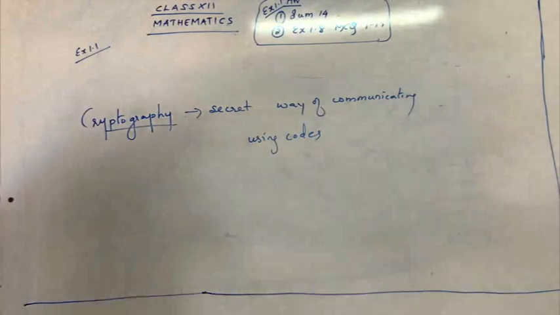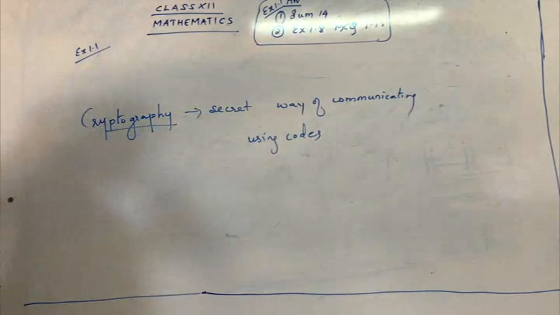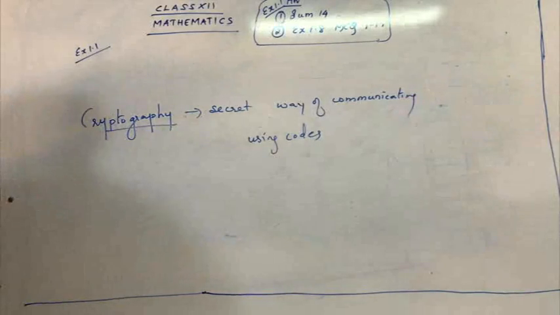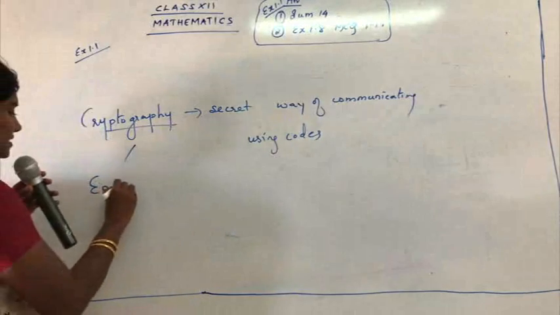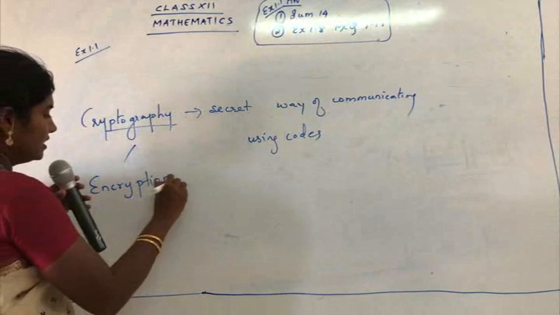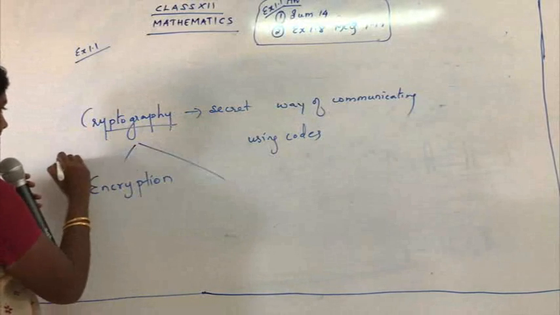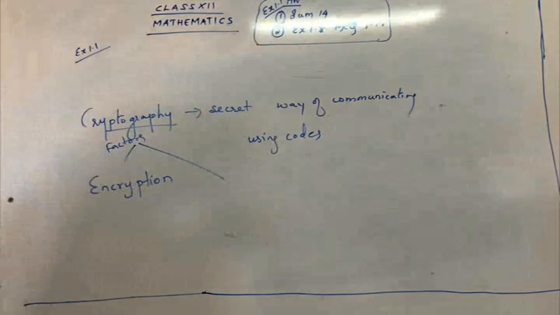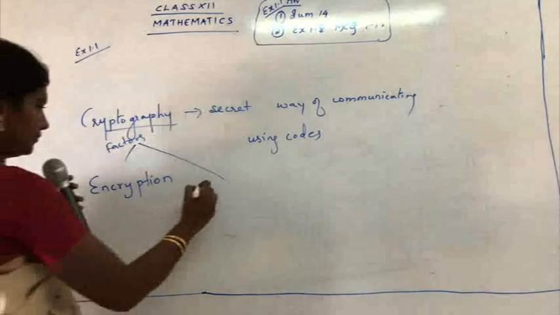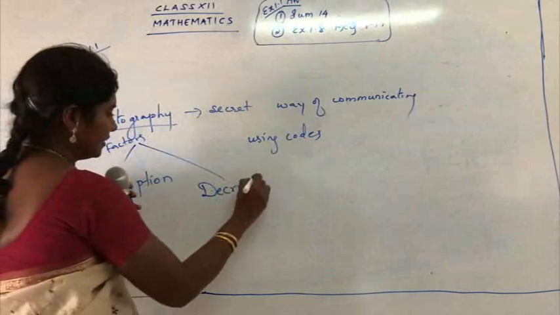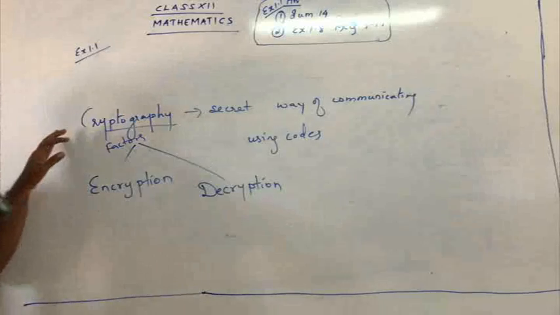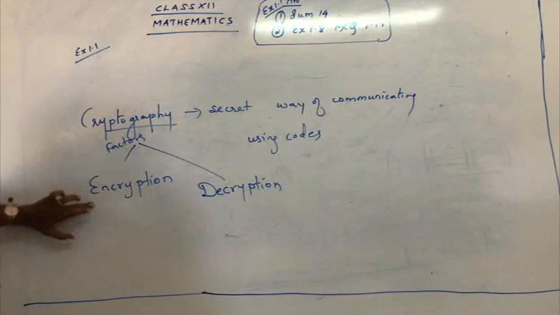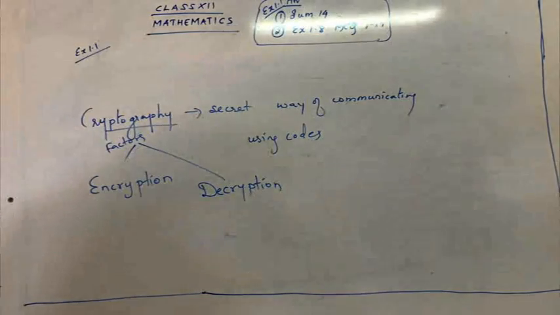Now, cryptography is based on two factors: encryption and decryption. Let's read it. What are the two factors it depends on? One is encryption and one is decryption.